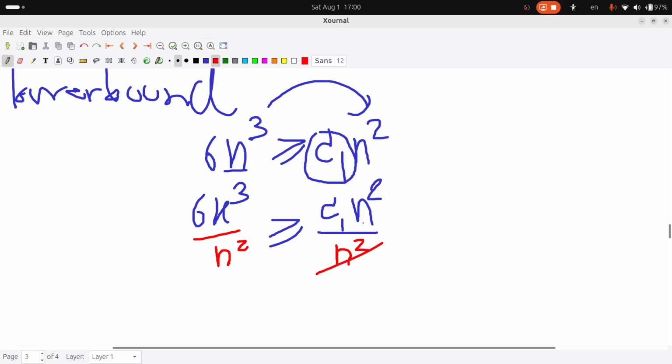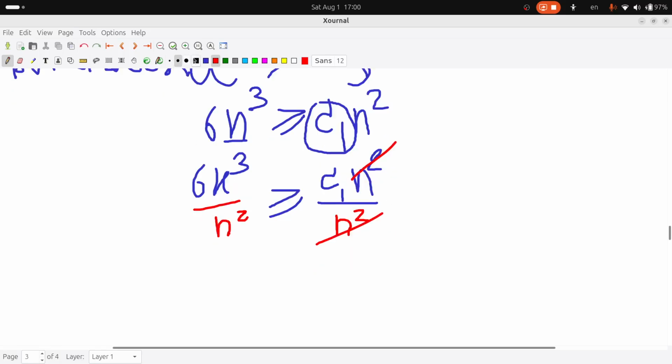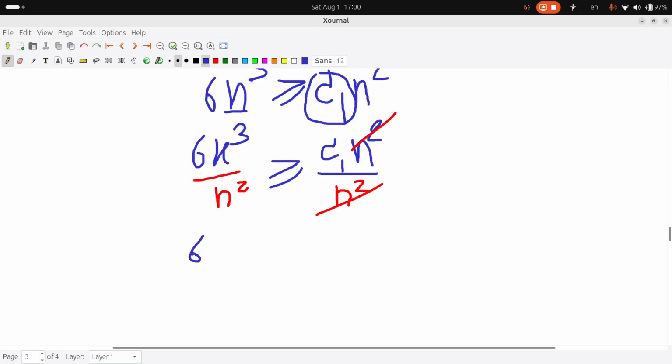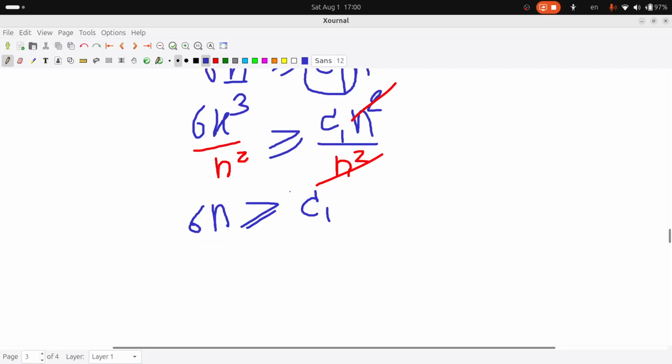I can cut this one, and this will be 6n, right? So that means we have to find the constants that make this equation true.